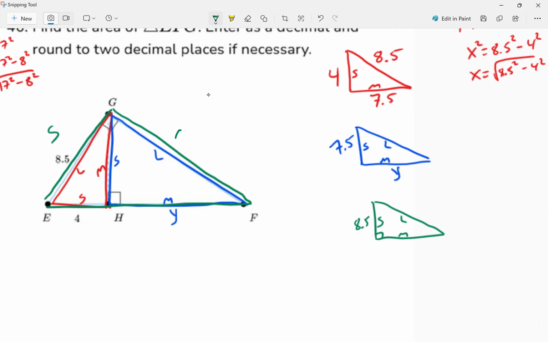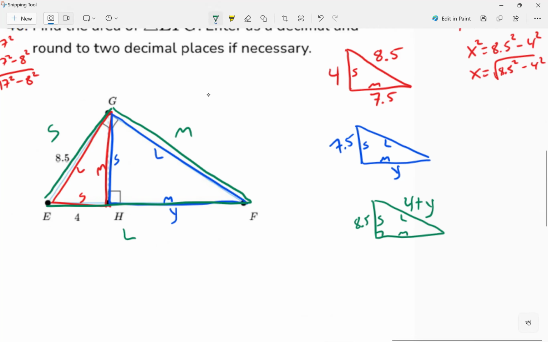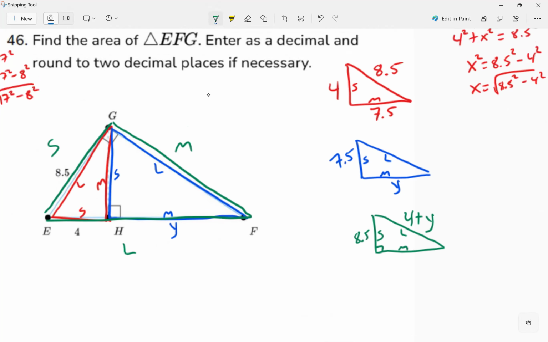This is the small, this is the medium, and this whole thing is the large side. The large side is 4 plus y. I do need to solve for y to be able to find this area. But this time, I'm gonna use the red and blue triangles, because on the green triangle we had 4 plus y, but in the blue triangle we just have y by itself. So you know what? Let me just do that.